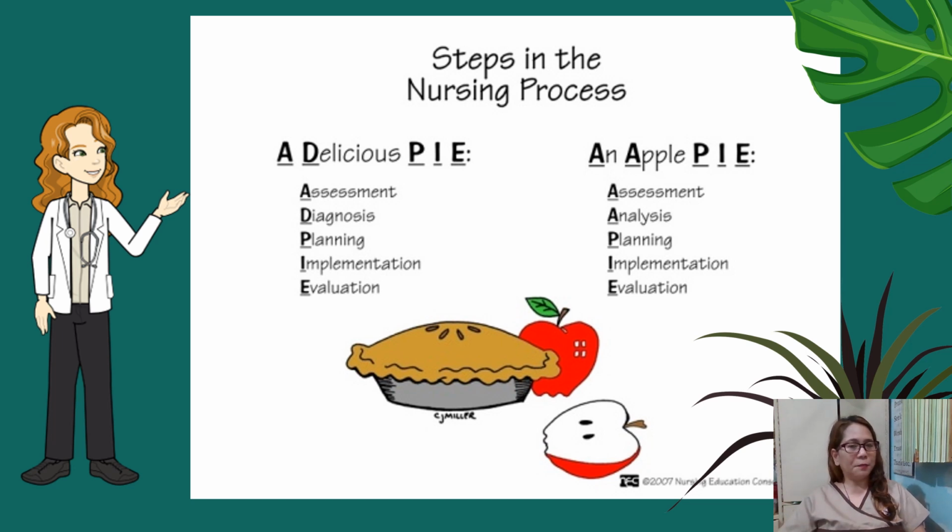Halimbawa, sinabi niya may pain siya. So, you can ask your client to rate the pain. Diba, i-rate niya yung pain from 0 as no pain at 10 as the worst pain. So, pag sinabi ni client kanina, I have pain na sobrang sakit, nasa 8, sabi ni client. Okay, your plan is to decrease the pain. So, at least to 4. After your intervention.